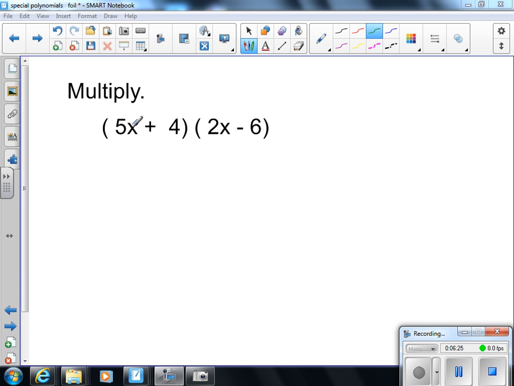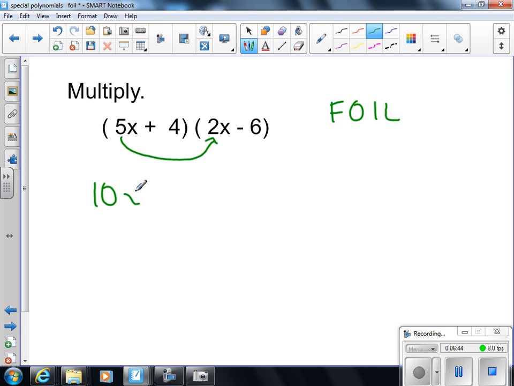Okay, now let's try one where you don't have just a plain x. Again, we recognize that it's a binomial times a binomial, so I'm going to use FOIL in order to multiply. Give this one a try. All right, great. Take your first terms, multiply them together, and I get 10x squared. Outer, minus 30x.